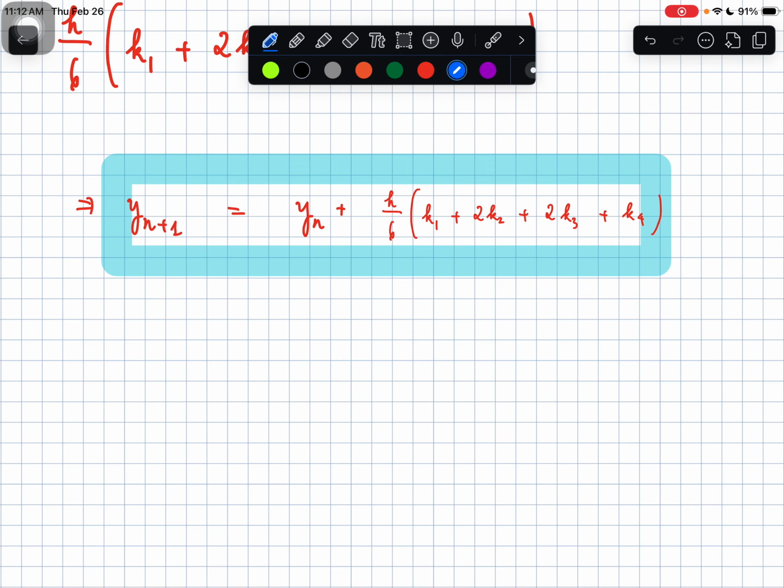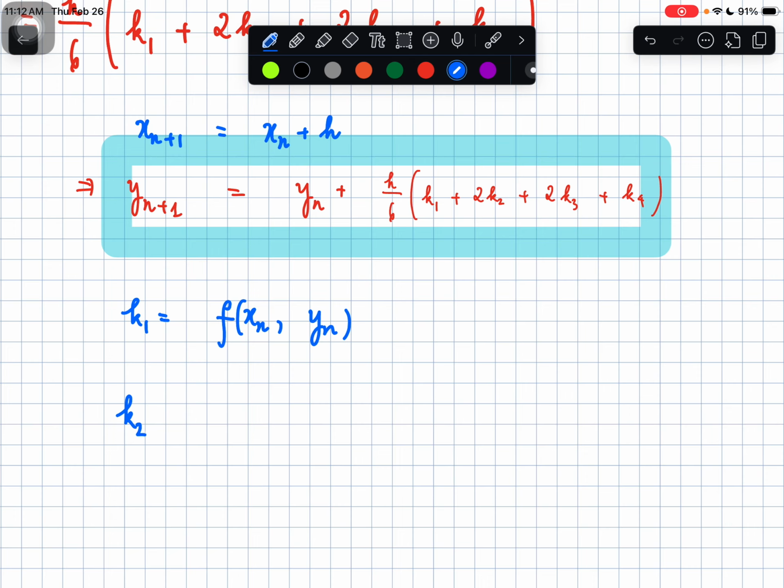So in summary, you only need to remember this. Xn plus 1 is xn plus step size h, and yn plus 1 equals this. And to remember k1 to k4: k1 equals the slope f xn yn, that's the step we are currently in. K2 is the slope f at xn, go half a step further, and then yn plus half a step using the slope k1.